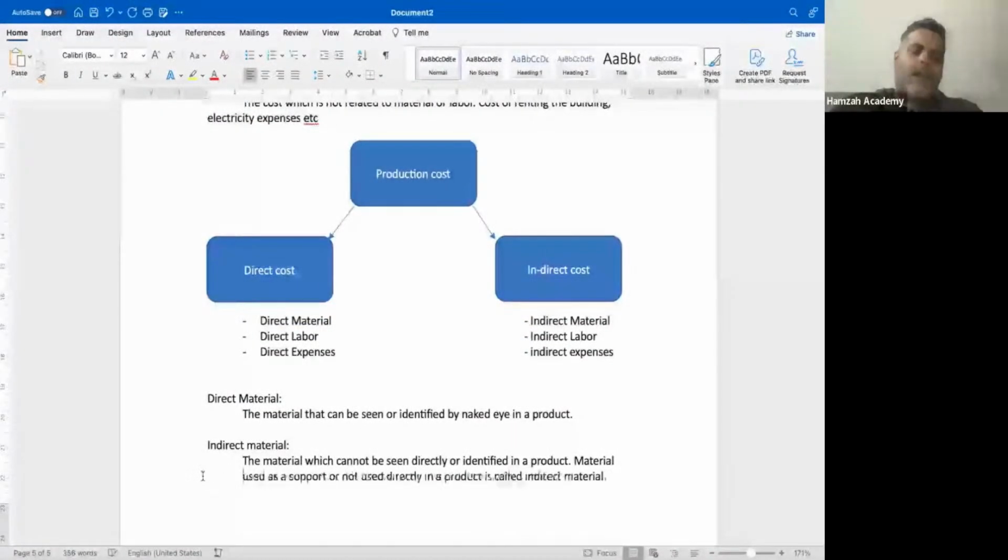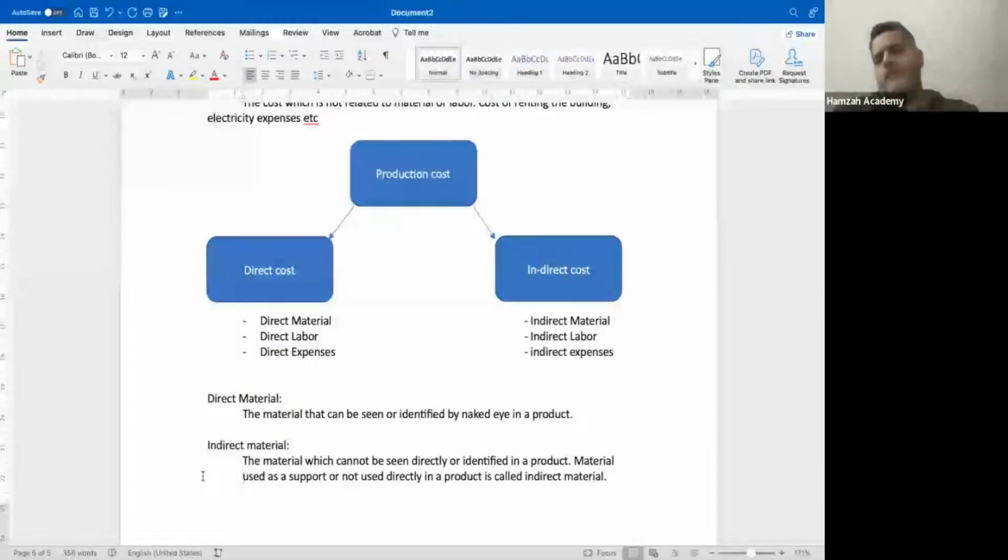Now, the direct material is basically the material that can be seen or identified by looking at the product with your naked eye. This is the basic and simplest definition you can have for direct material. If you look at a product and in one glance you are able to identify the material, that is going to be called direct material. For example, take the chair you are sitting on.